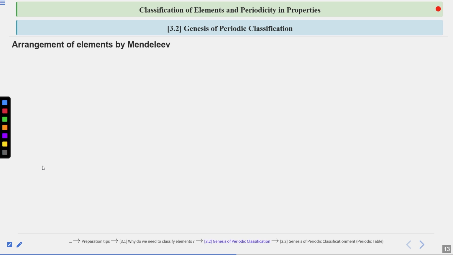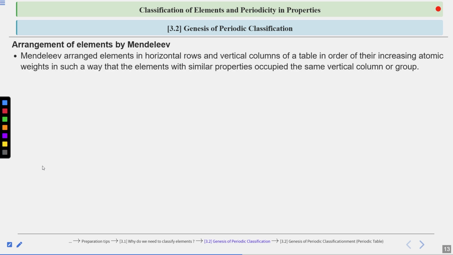Now some important points related to the arrangement of elements by Mendeleev. Mendeleev arranged the elements in the horizontal rows and the vertical columns of a table, and he did that in terms of increasing atomic weight. But the important point that he mentioned is that he did not follow that increasing atomic weight trend strictly.